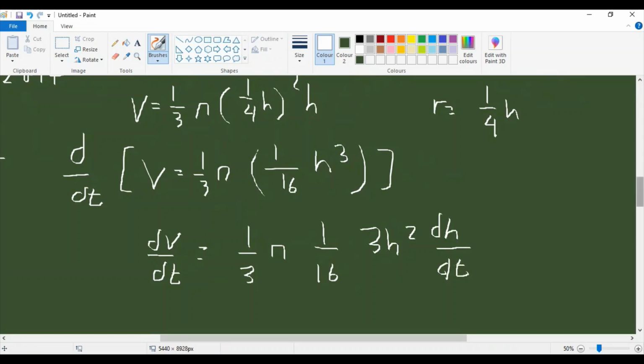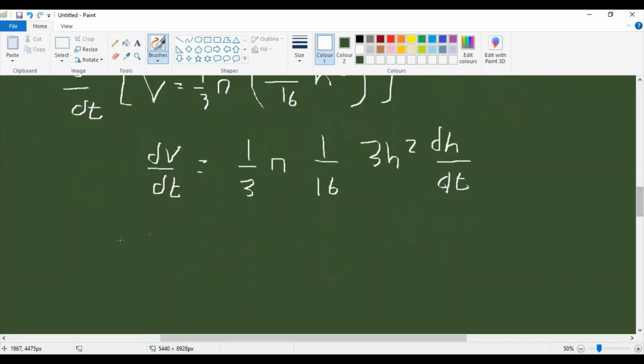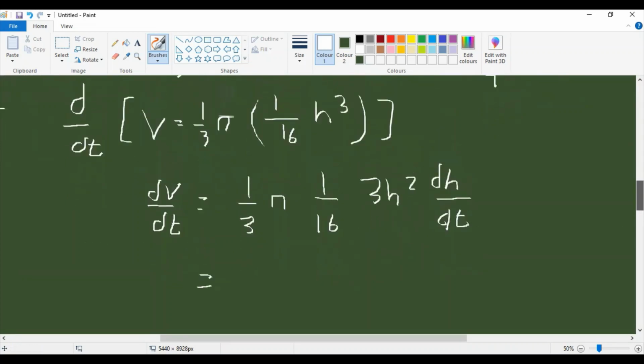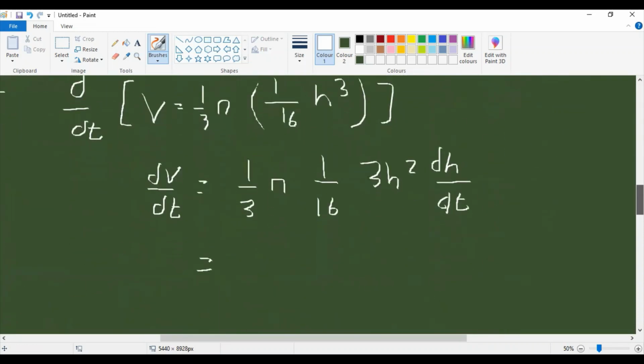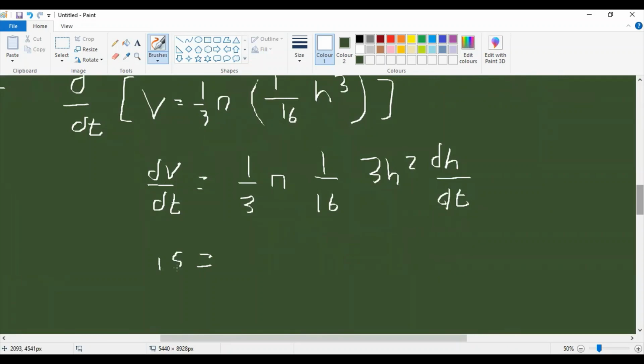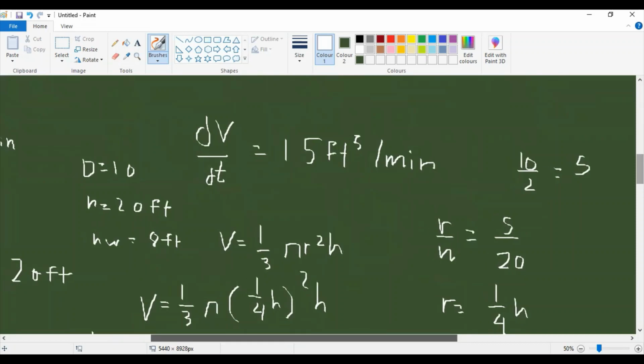We have derived it. Now all we need to do is to substitute. So we have given right here, we have dV over dt, which is 15. So we put 15 in here, like that. Then 1/3 pi 1/16 times 3. Then we substitute the h with 8 because that's the height of the water.